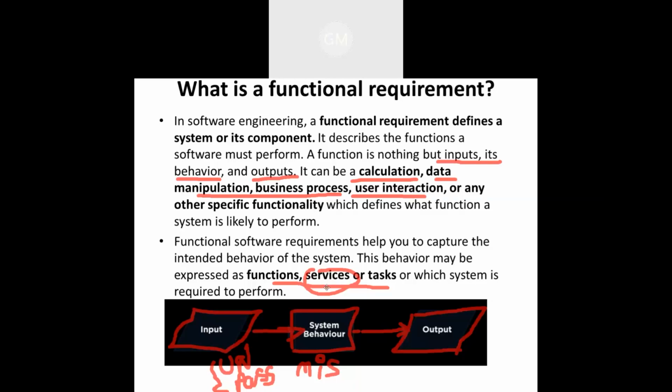This is called the services for the functional requirement, and a task is nothing but what you need to do. For example, if your teacher guardian says, student, please do the course registration in EMIS, that is a task assigned by the particular subject teacher or class teacher or teacher guardian.